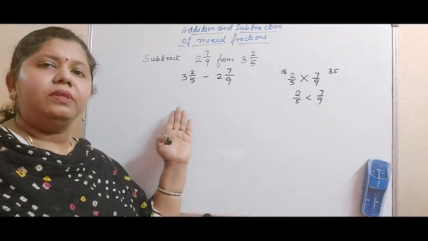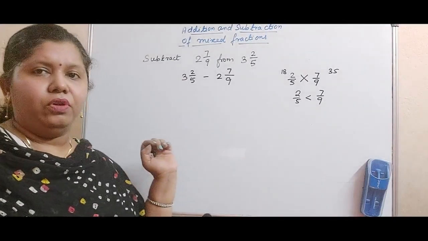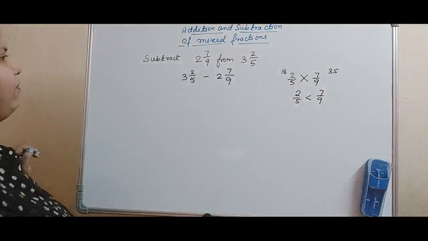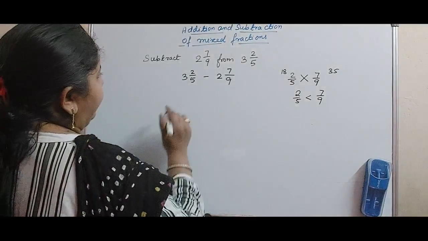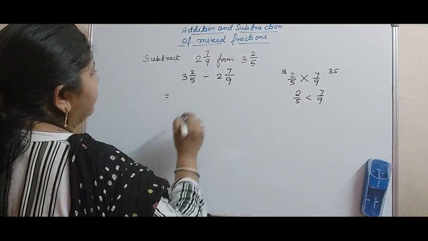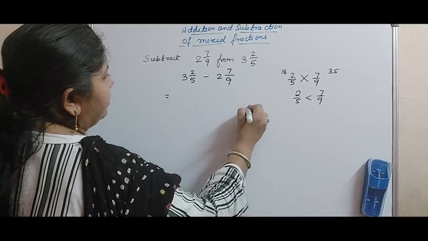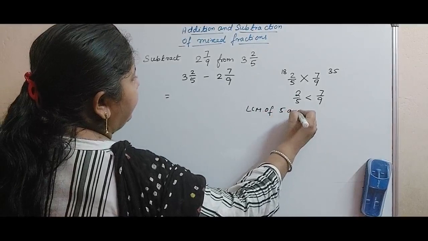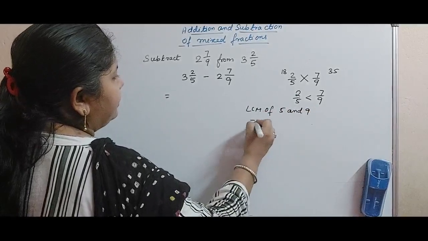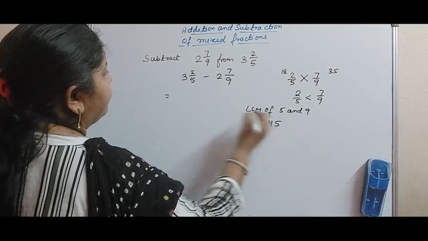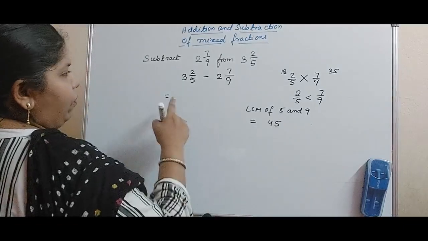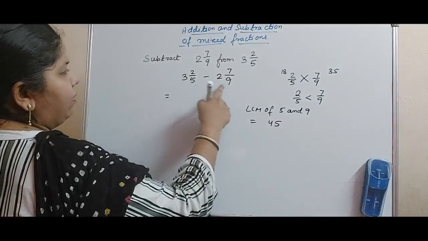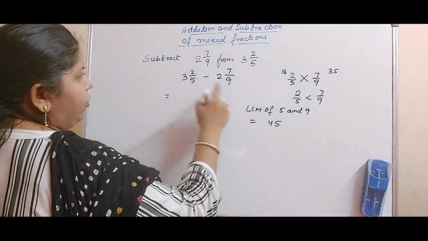So 3 2 by 5 minus 7 by 9: we first take out the LCM of 5 and 9, which is 45. Before that, we first convert to improper fractions.